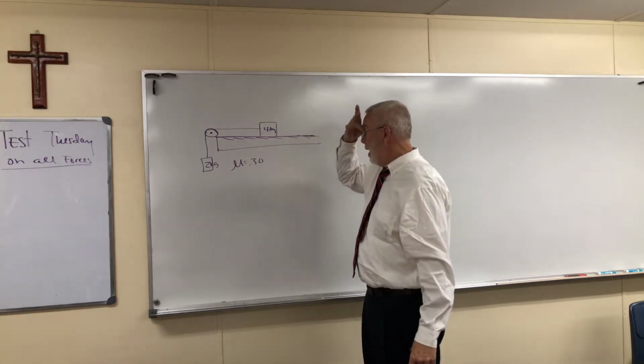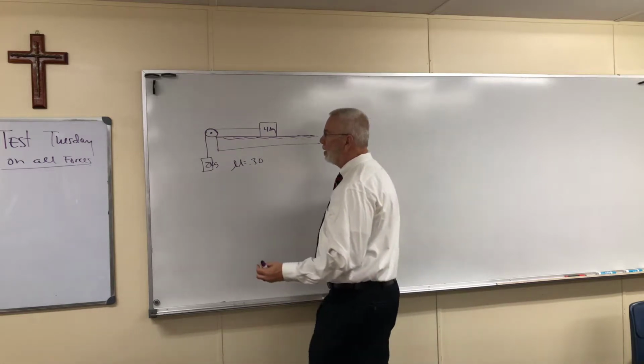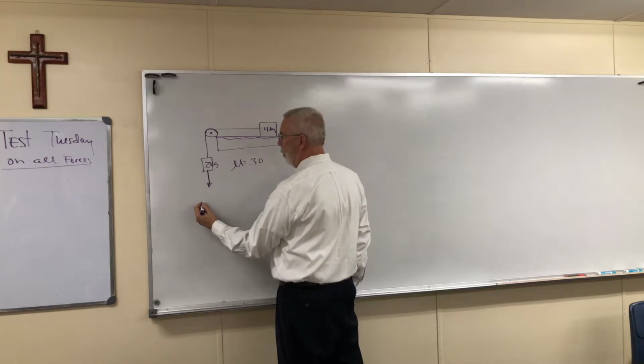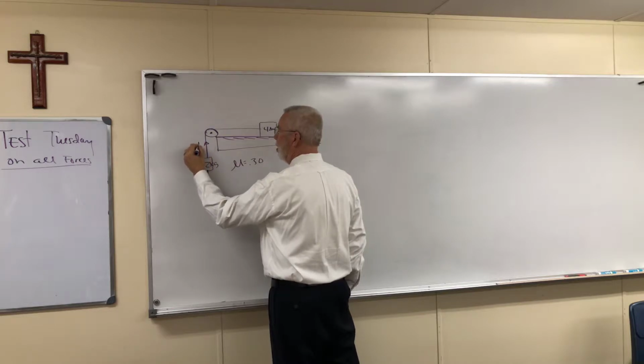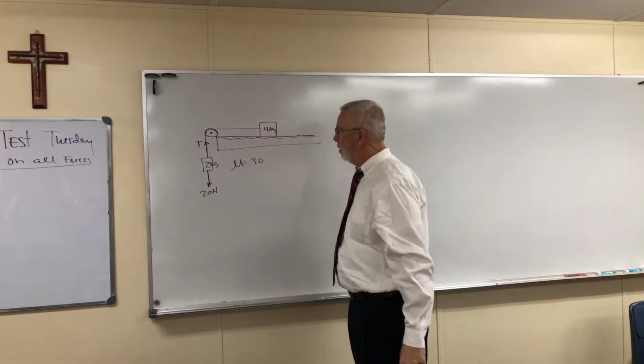So again, we have to establish some guidelines here for these Atwoods. First of all, there is a force of 20 newtons acting in the down direction, and the tension, which we're going to label T, is pulling up on that.